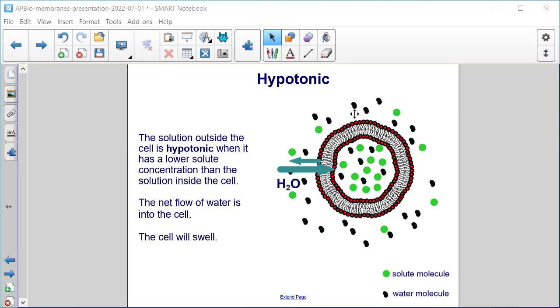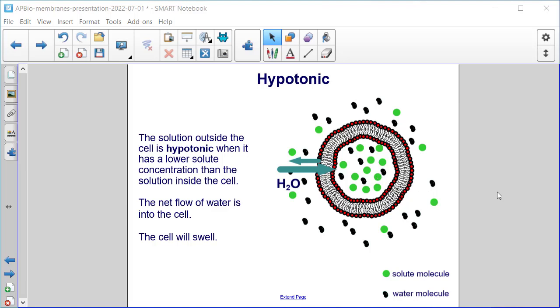So a lower solute concentration on the outside of the cell is called hypotonic. When that happens, water will flow into the cell. Water flows in the direction of the higher solute concentration, so toward the higher solute concentration. So water will flow into the cell and the cell will swell.